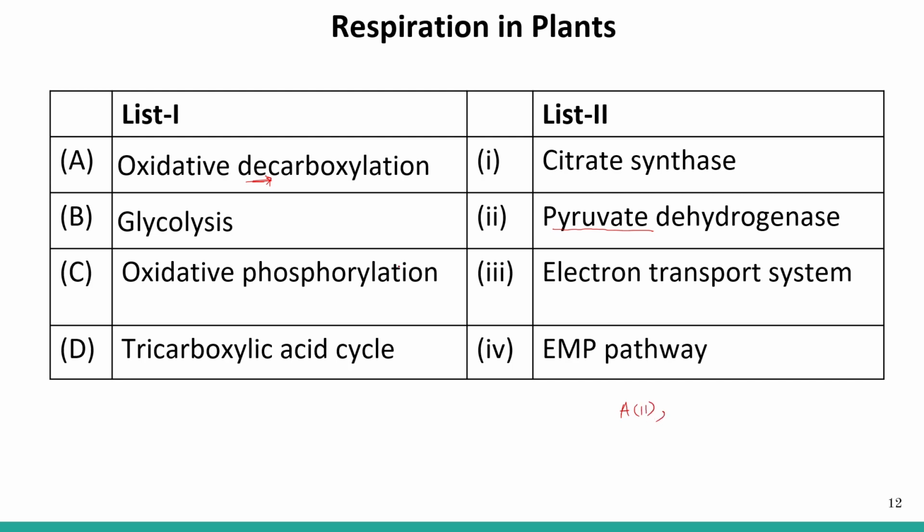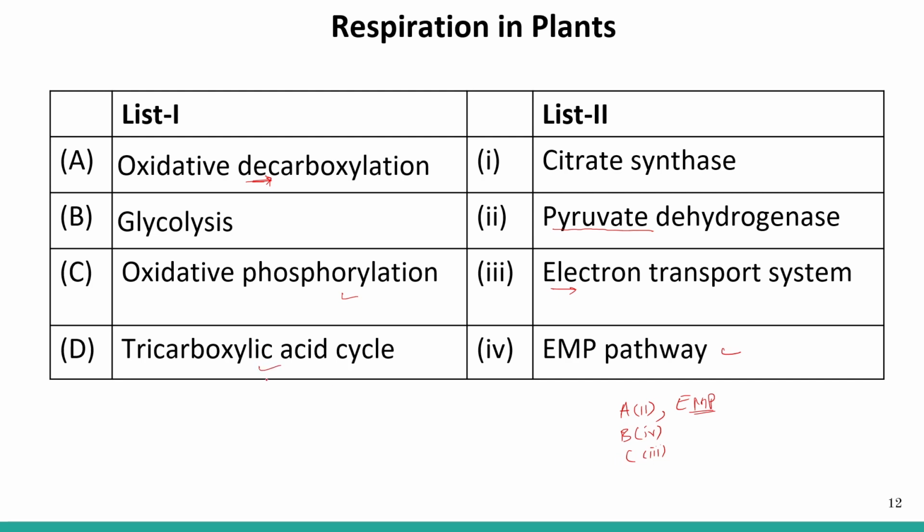Then we have glycolysis, also known as the EMP pathway, the Embden-Meyerhof-Parnas pathway. So option B should be fourth. Now see, oxidative phosphorylation is related to the electron transport system.